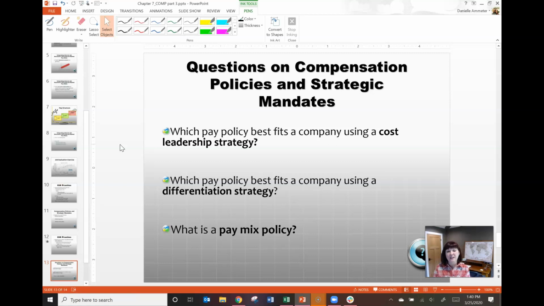And then the last thing here is about this pay mix. The mix says we've got our wages, but that's not all we have. We have a lot of other things: short-term incentives, long-term incentives, benefits. So each organization has to figure out what their mix is going to be. And again, it's by pay structure.